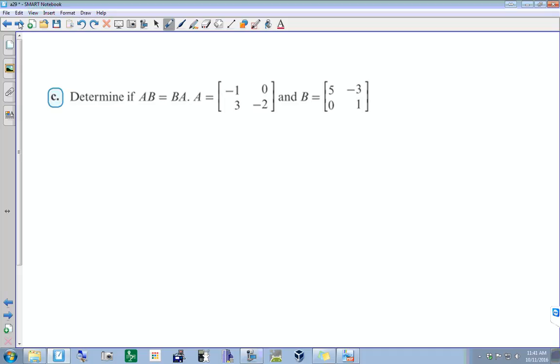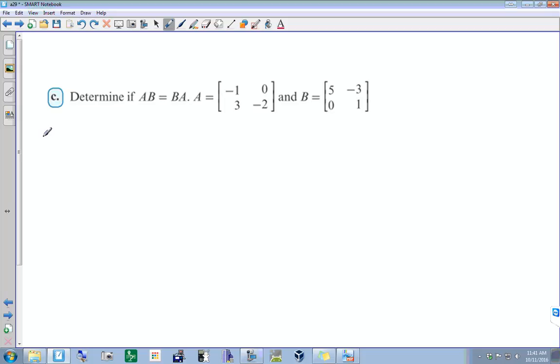However, does the order of multiplication matter here? So, we're going to have to do the multiplication and see if AB is actually equal to BA. So I'm going to write this one out. This is a 2 by 2, that's a 2 by 2. Can we multiply them out either way? Works great.